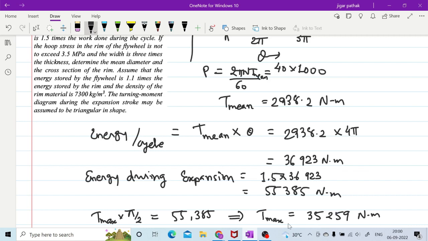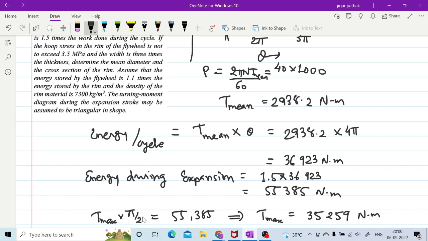Sir, the last line you have written, how can it be? See, whatever this energy during expansion is, that is the angle turned during that time into that particular torque, because energy is T into theta.